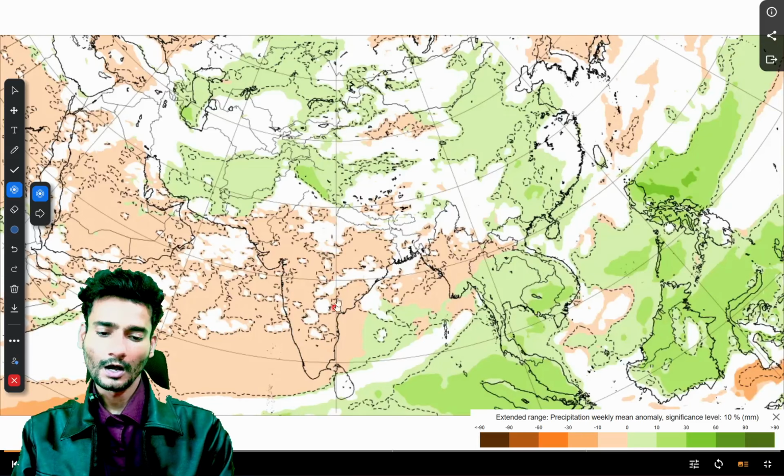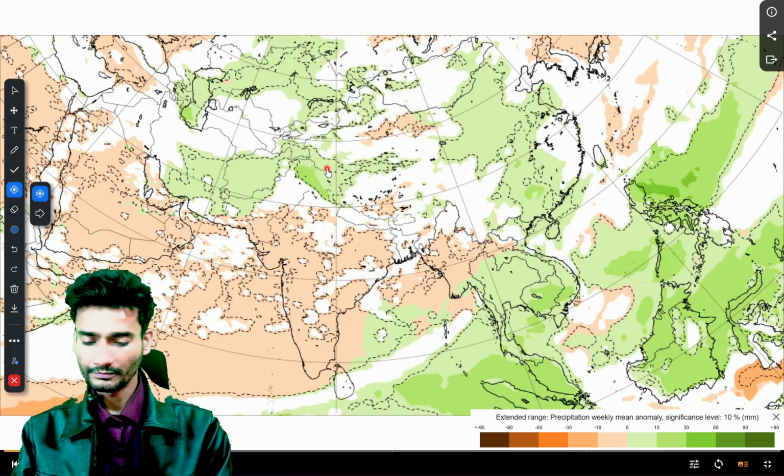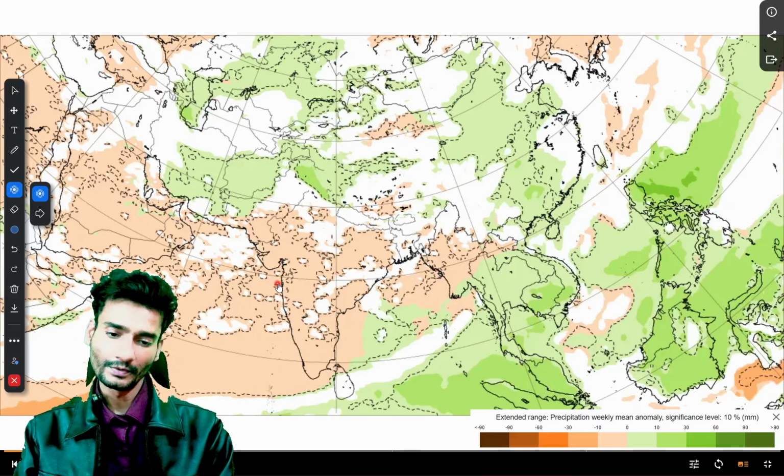Again, we have below normal precipitation anomaly over most part of India. However, we have some positive anomaly over the Jammu and Kashmir, Uttarakhand, and Himachal region. So we can expect the onset of one more western disturbance, or perhaps a few more, after 17th February.